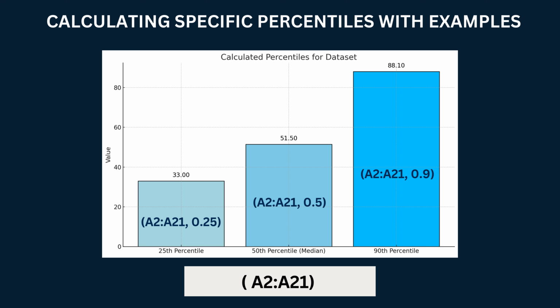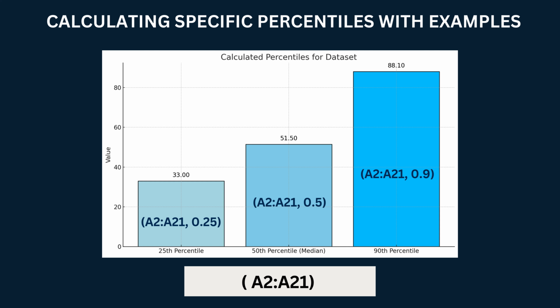Let's say we have a dataset in the range A2:A21 and we want to calculate specific percentiles. Calculating the 25th percentile. Formula equal to PERCENTILE.INC, A2:A21, 0.25. This returns the value below which 25% of the data points fall.